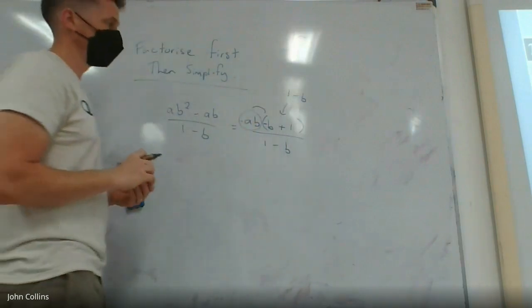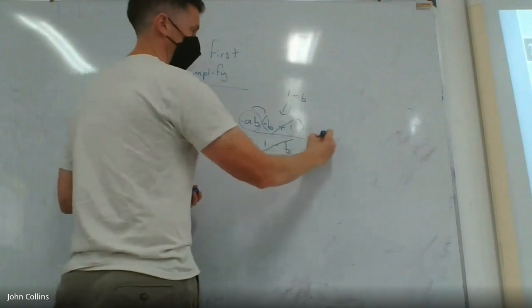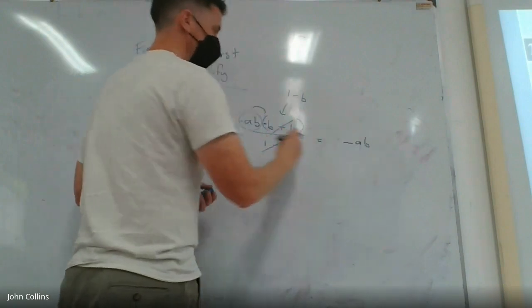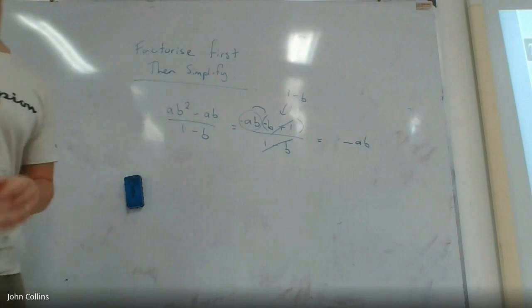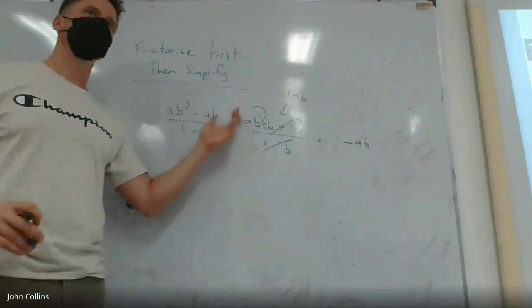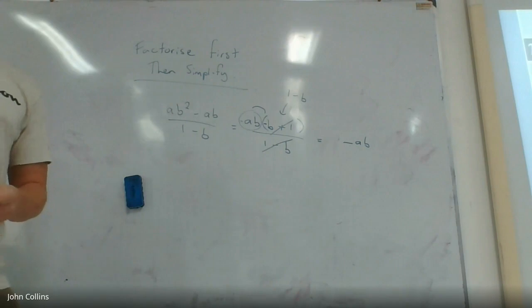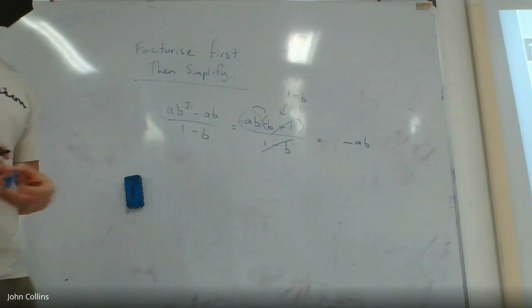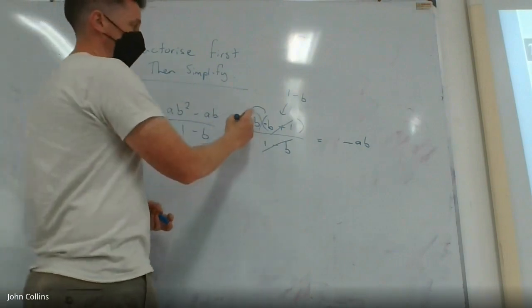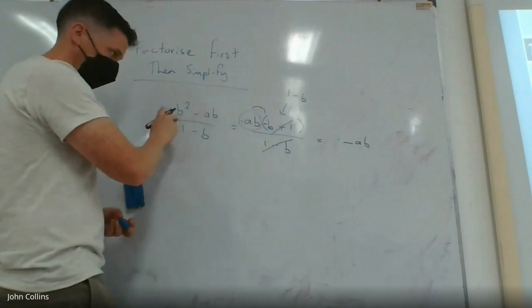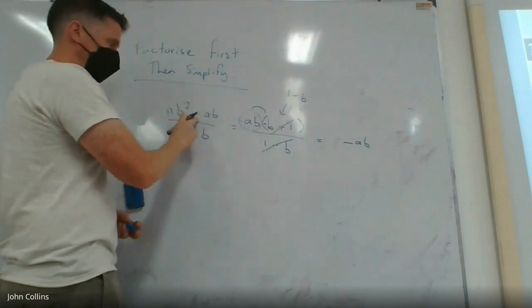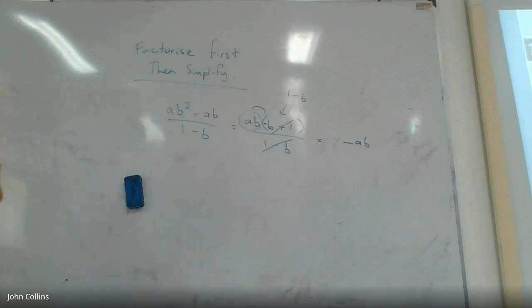Now it cancels, and your answer is negative AB. So you'll come across these and then you'll remember, just change the sign of the thing outside the bracket, and that changes the signs inside the bracket as well. I haven't changed it because a minus times a minus is a positive, and a minus times a positive is a negative, which is what we had at the start.